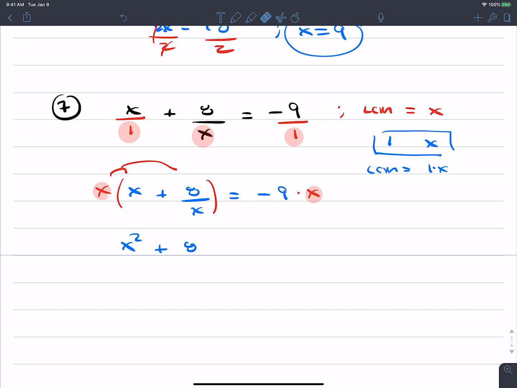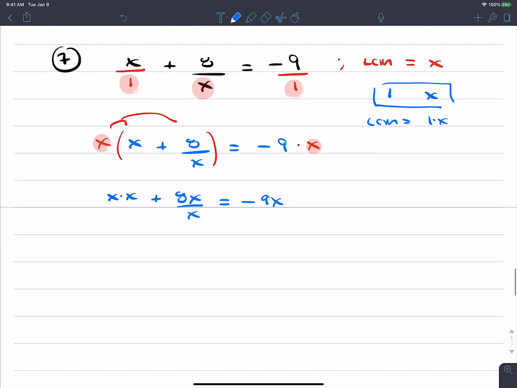Now let's do every term, every sort of detail here for you guys. Right, every term gets multiplied. So we got x times x plus maybe 8x over x, right? That's minus 9x. X squared plus 8 is negative 9x.